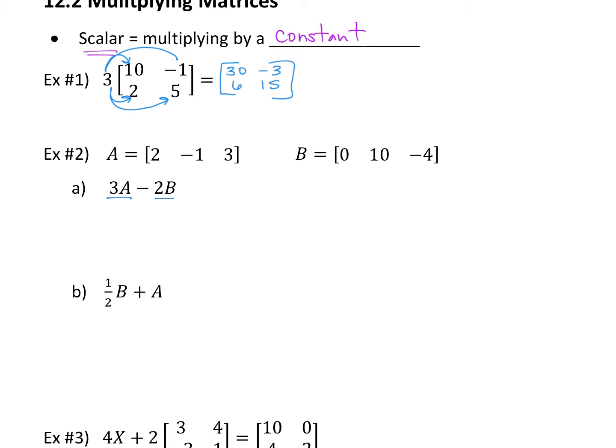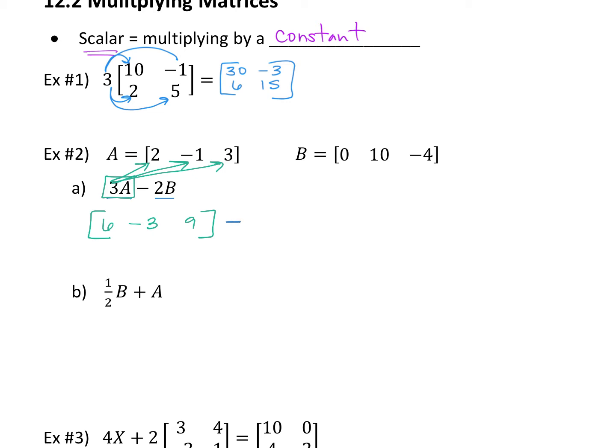That means we are doing 3 times A. I'm not going to rewrite it, I'm just going to write the product of it. So 3 times A is going to be 3 times 2, so 6. 3 times -1, so -3. And 3 times 3, which is 9. Okay, so that's 3A, right? That's this one.